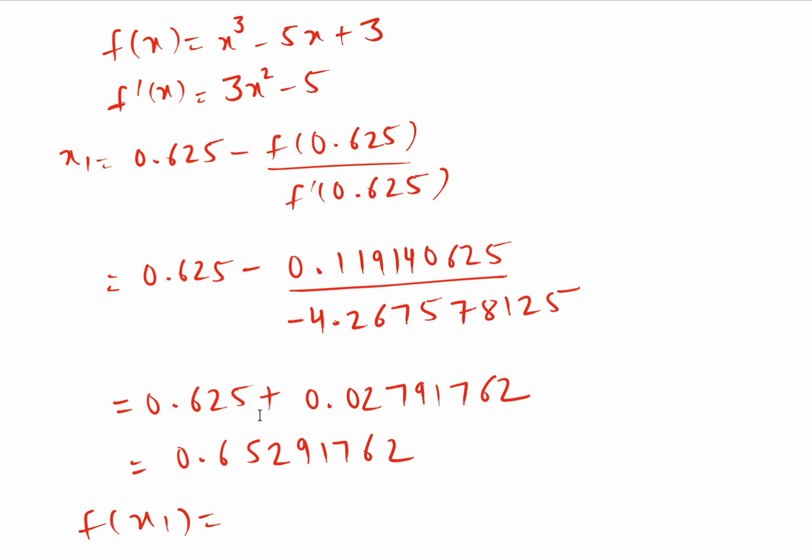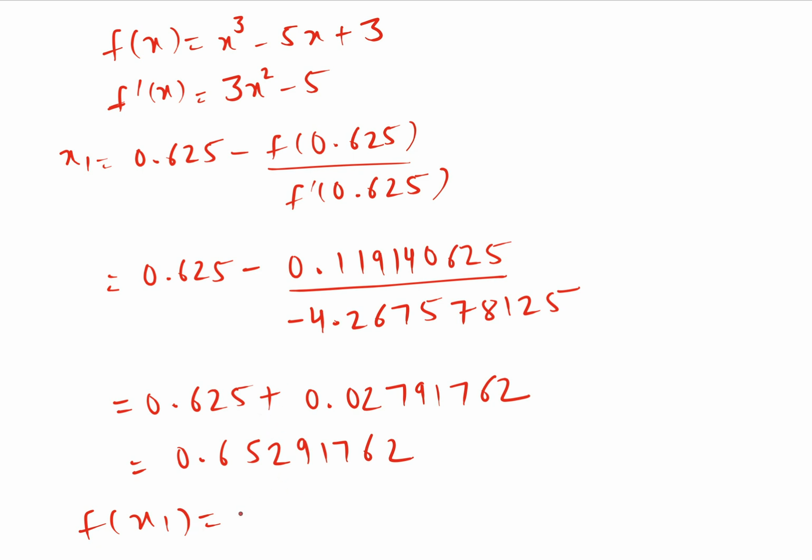This will be 0.65291762 cube minus 5 times 0.65291762 plus 3.